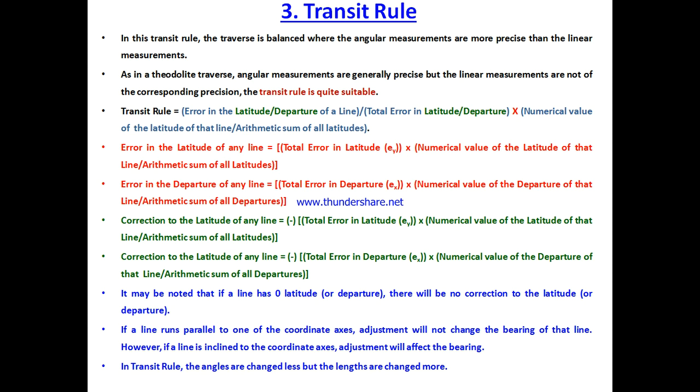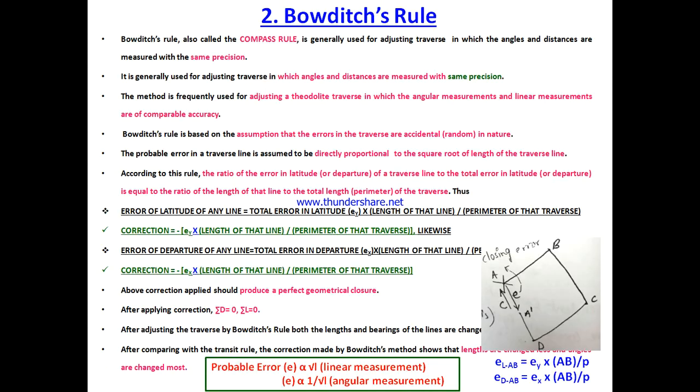If you find that linear measurements are not that correct as compared to angular measurements, then simply we have to go for transit rule. But if you find that linear measurement and angular measurement both are random in nature, both equally disturbed, then we have to choose Bowditch rule in that case.